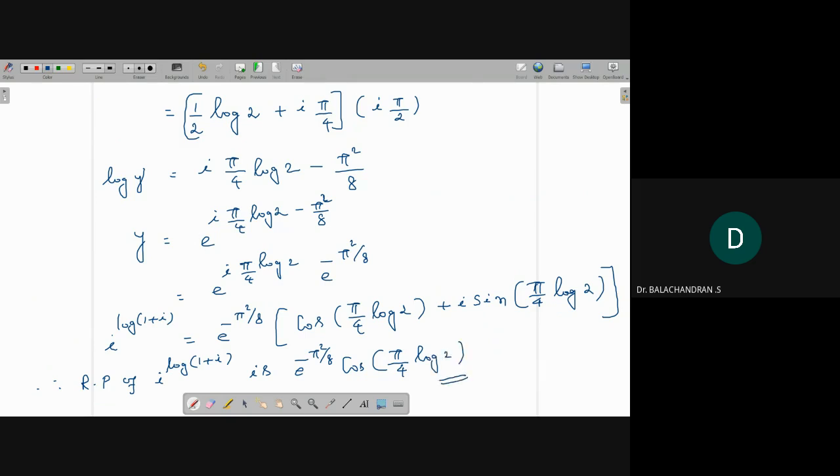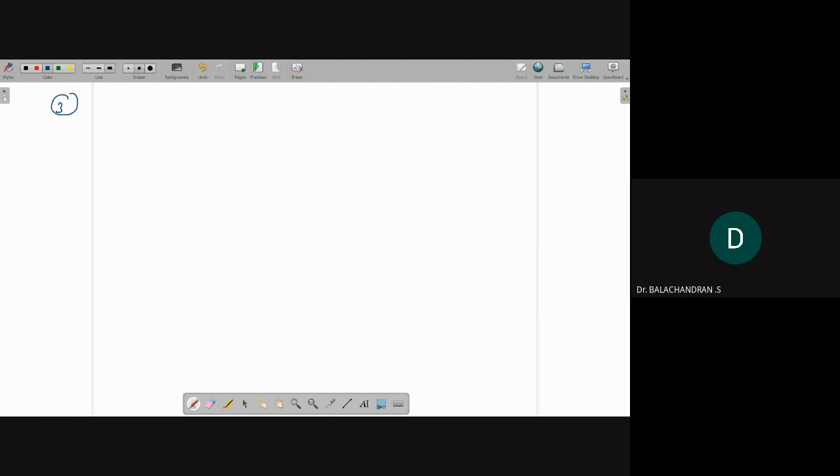We'll go to the next problem. Prove that tan of i log of a minus ib divided by a plus ib is equal to 2ab divided by a square minus b square.